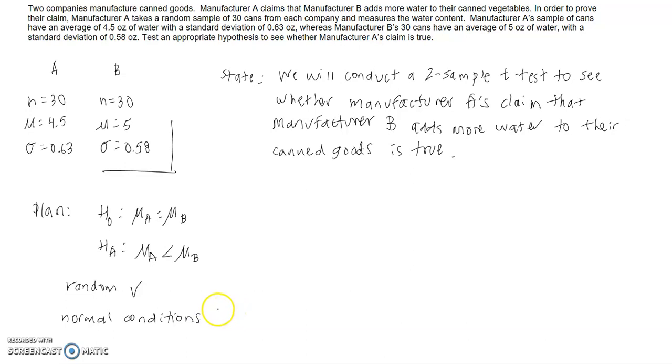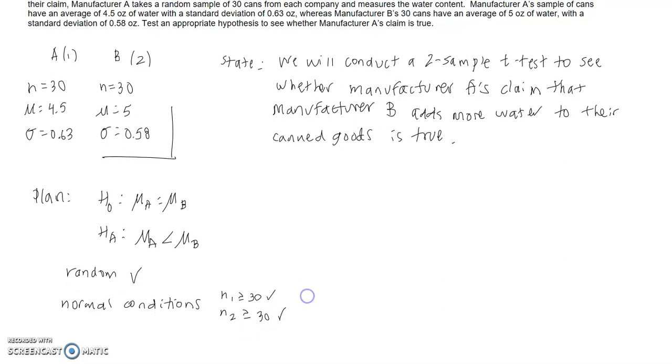Both samples, n1, you can call this A, n2 is B. n1 is greater than or equal to 30? Yes, it is equal to 30. And n2 is greater than or equal to 30? Yes, it is equal. And then independence.